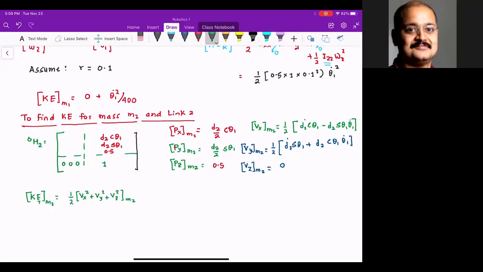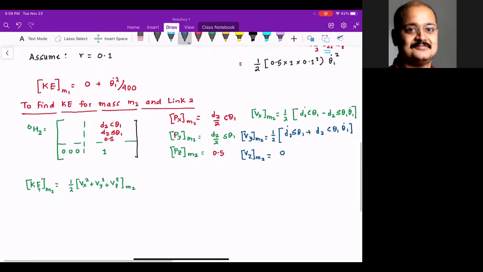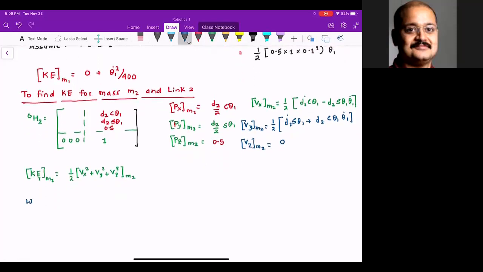Now the next part, which is a little interesting, is how do we find out the angular velocities omega x, omega y, omega z, and that is 0r0, 0 theta 1 dot plus 0r1 multiplied by what? 0.